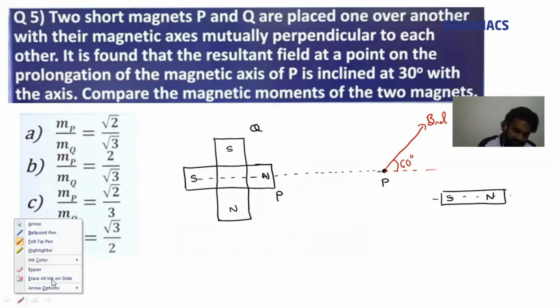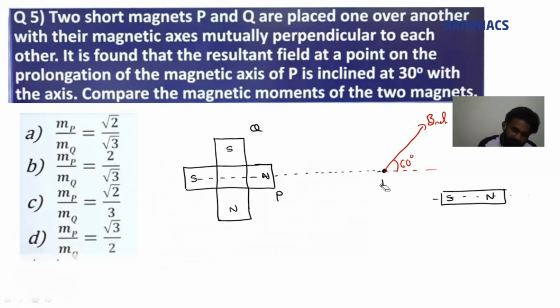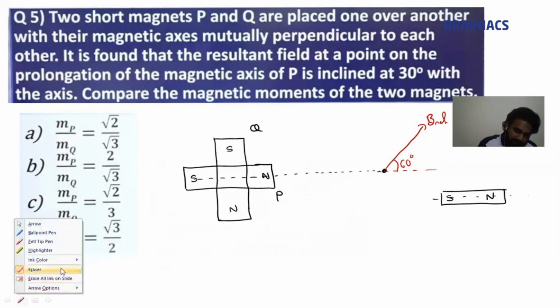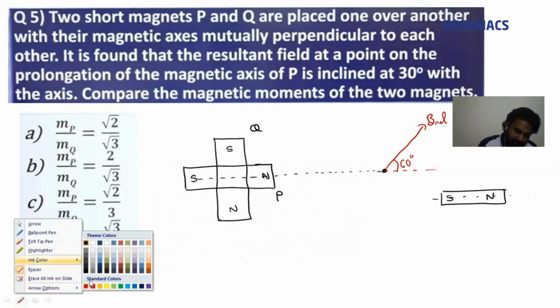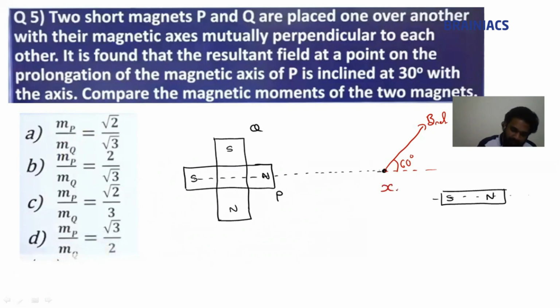Let us take some other letter here, X. So at the point X, the magnetic field is axial for magnet P and equatorial for magnet Q. Here, this is the magnetic moment.